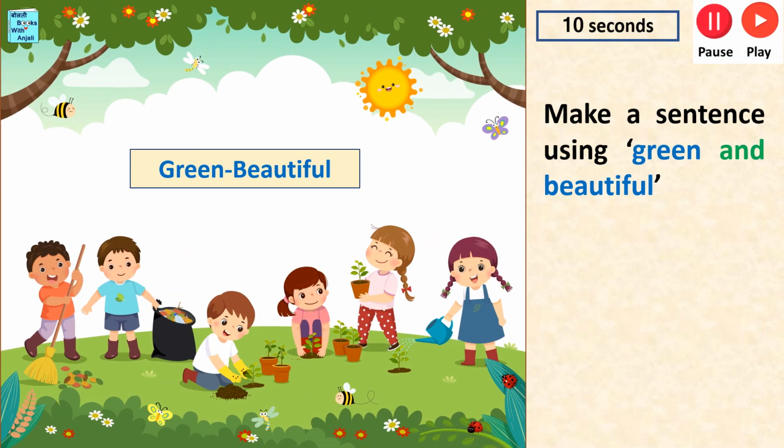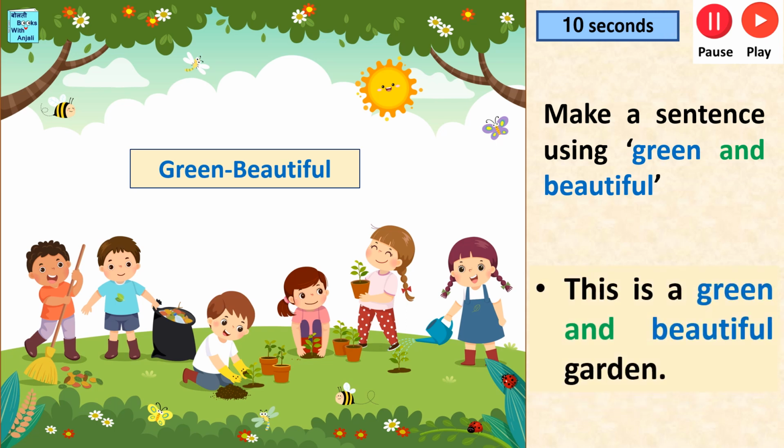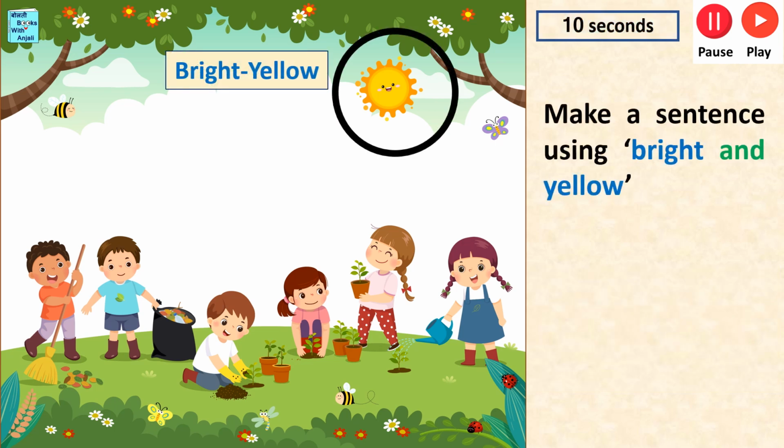Make a sentence using green and beautiful. This is a green and beautiful garden. Bright and yellow.